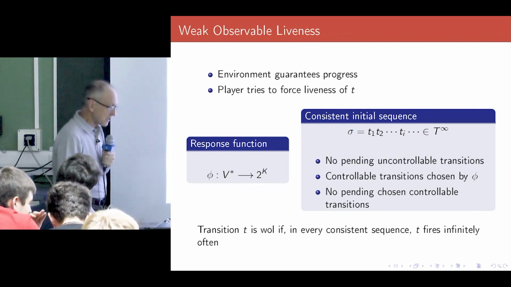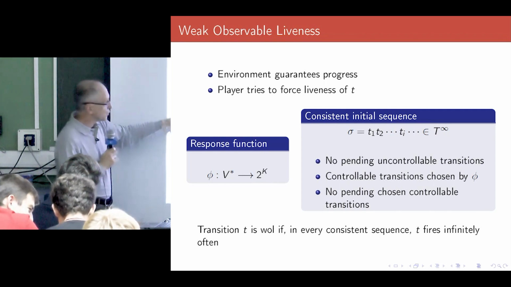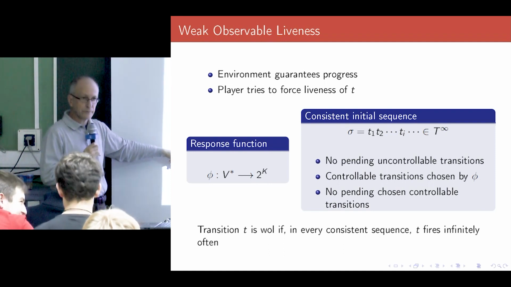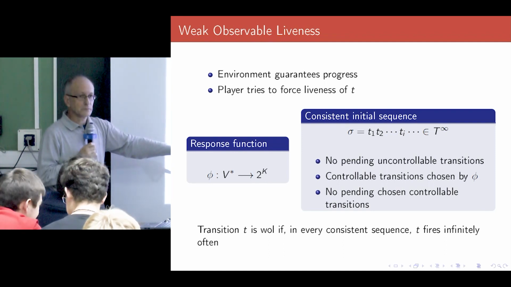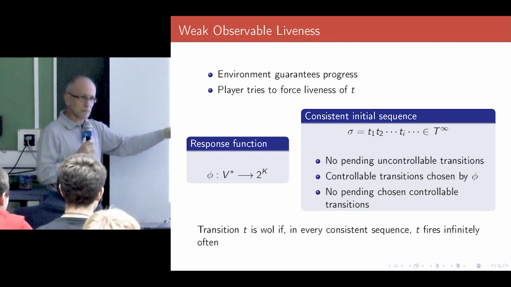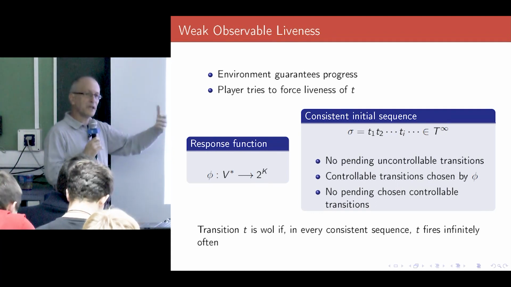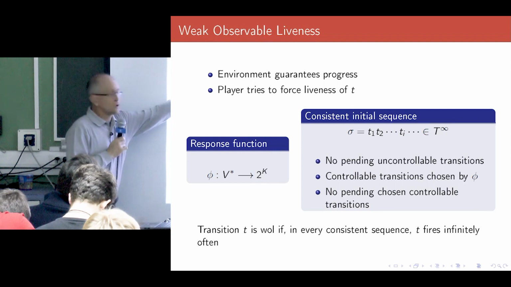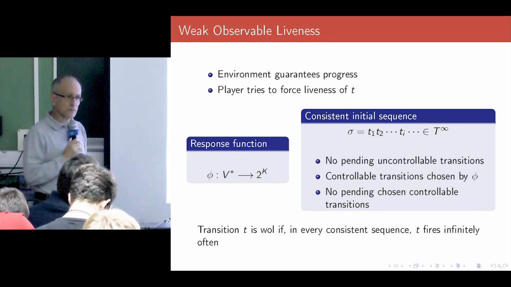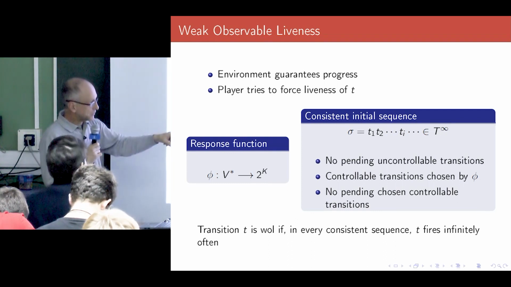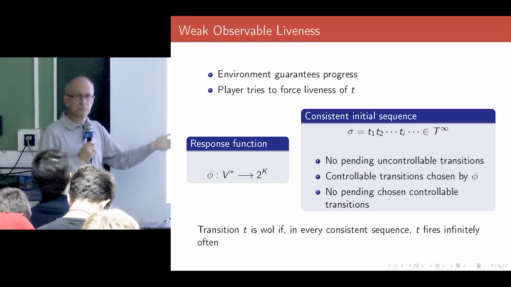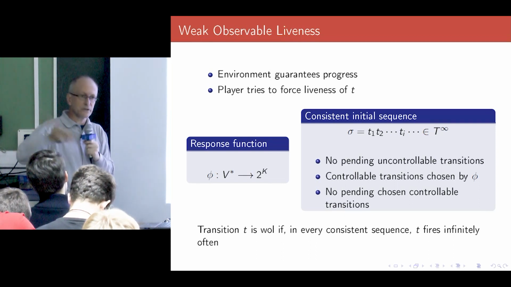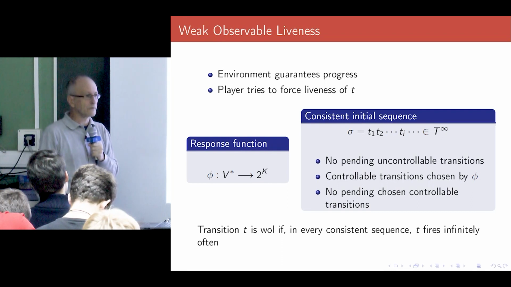And then we will say that the transition T is weakly observably live if in every consistent sequence, which means in every behavior of the net which obeys this response function, the target transition fires infinitely often. There is an infinite number of occurrences of that transition.